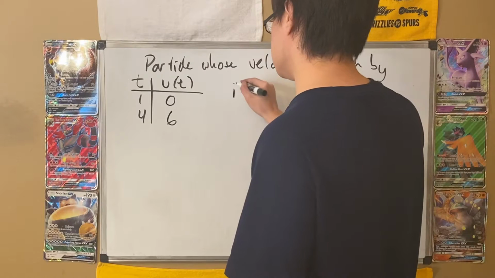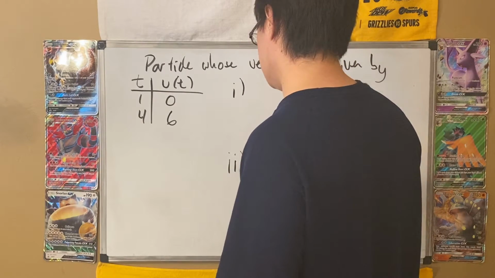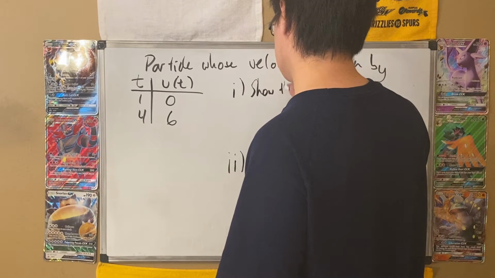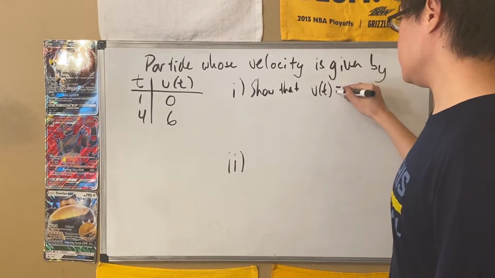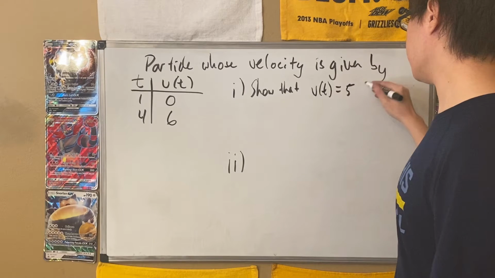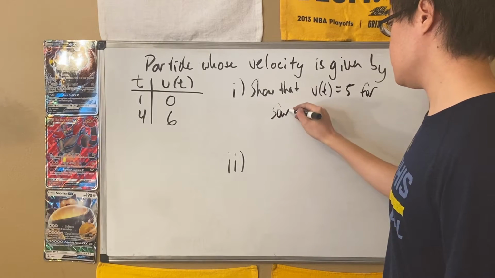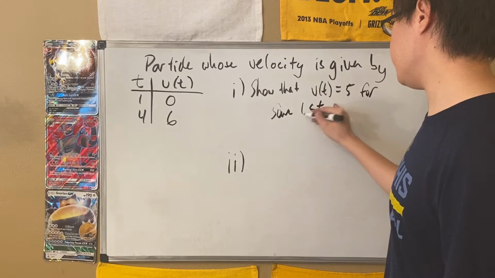And it's going to be a two-part question. The first part is going to be show that v of t equals 5 for some t in between 1 and 4.